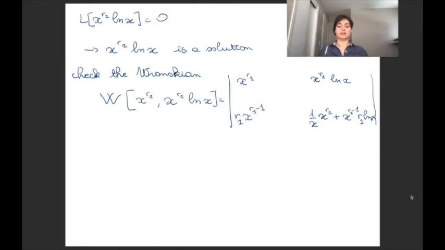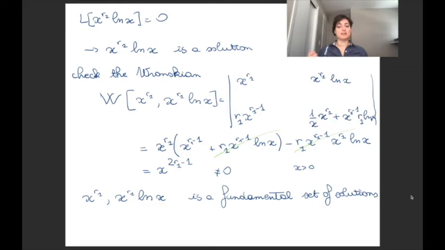On the second line, we have their derivatives. Things cancel out a lot, and we retrieve that the Wronskian of x to the power r1 and x to the power r1 times logarithm of x becomes x to the power 2r1 minus 1. And that is different than 0.